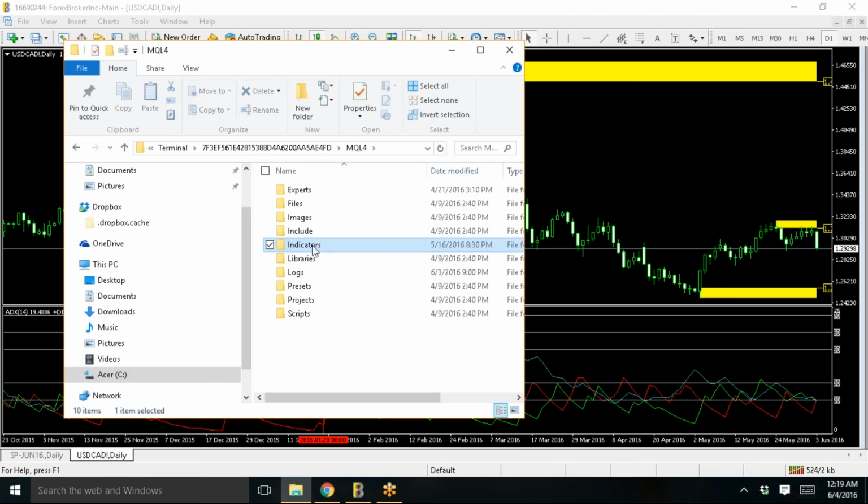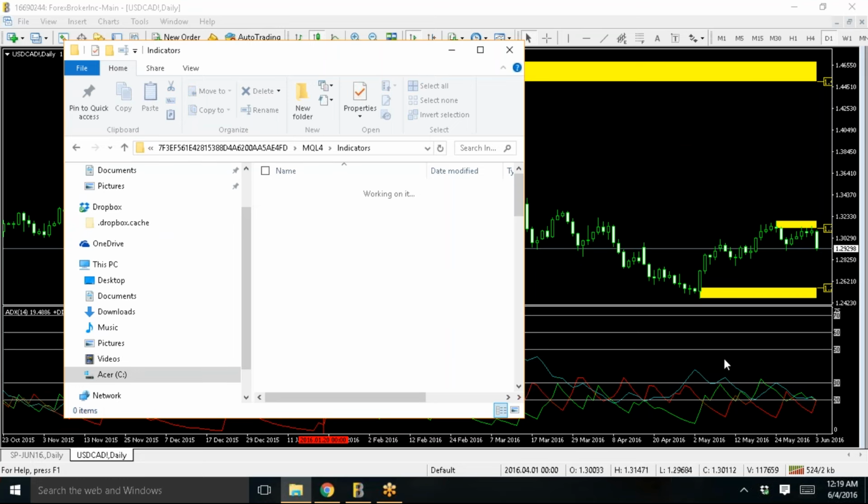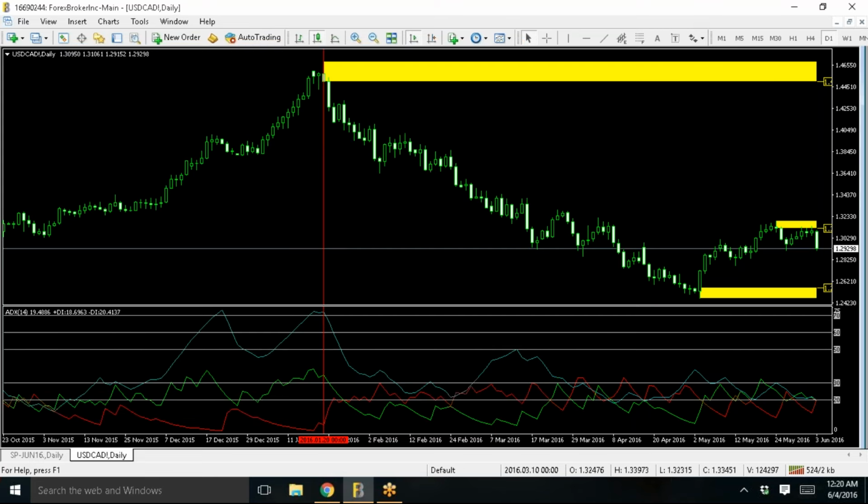Indicators, and then whatever's on your desktop that's your indicator, you're going to want to click and drag it into your indicators folder. Once that's done, close out, and then open up Meta Editor, which is this little notepad next to New Order. Click that, and this step links the indicators up with the MT4 and the coding.